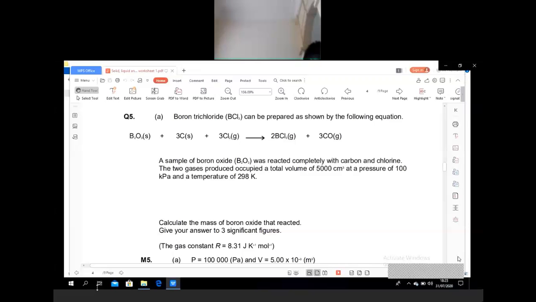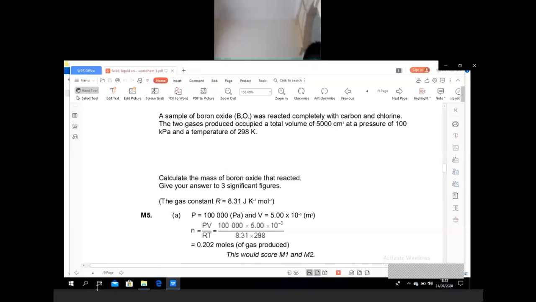So we know the volume, and then we have to use the formula PV equals nRT, because the information given here is only the volume, pressure, and temperature.